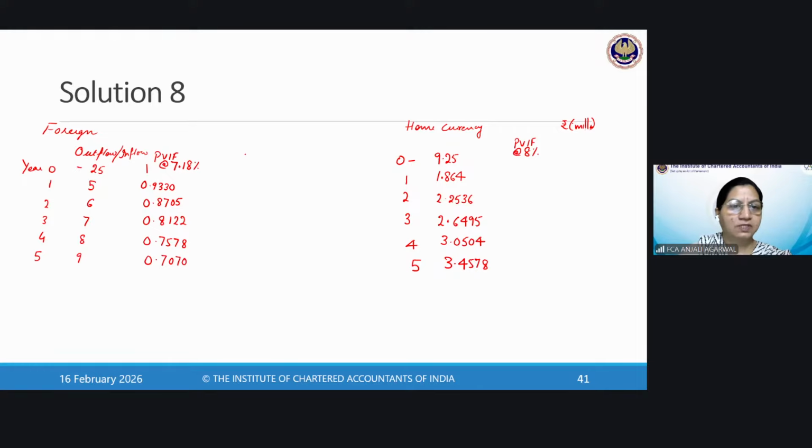So all these present values will give you the net NPV.